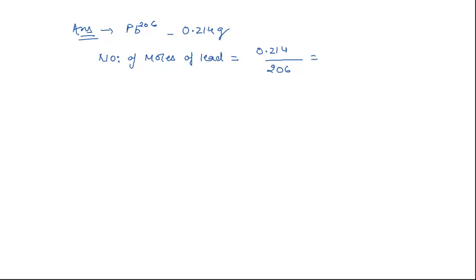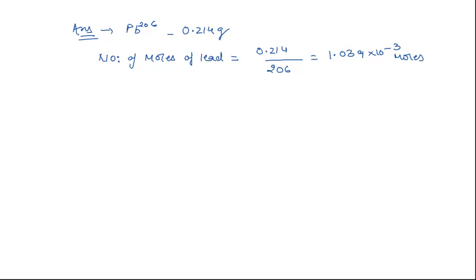So how many moles of lead are present today in that rock? It would be 0.214 divided by 206, and that would be equal to 1.039 into 10 to the power minus 3 moles, right? So this many moles of lead are present today.